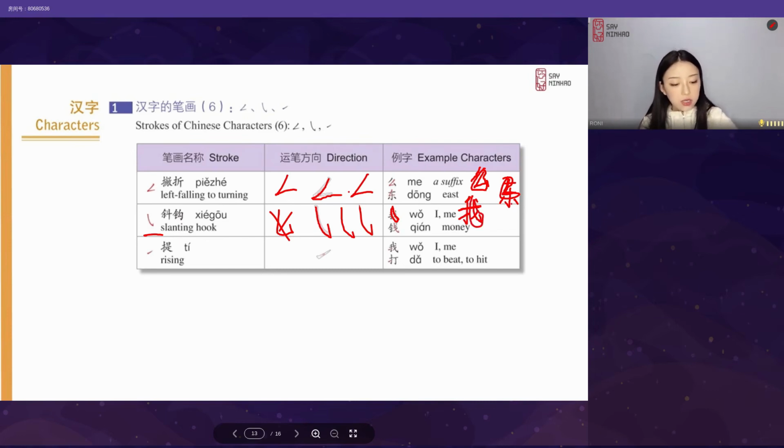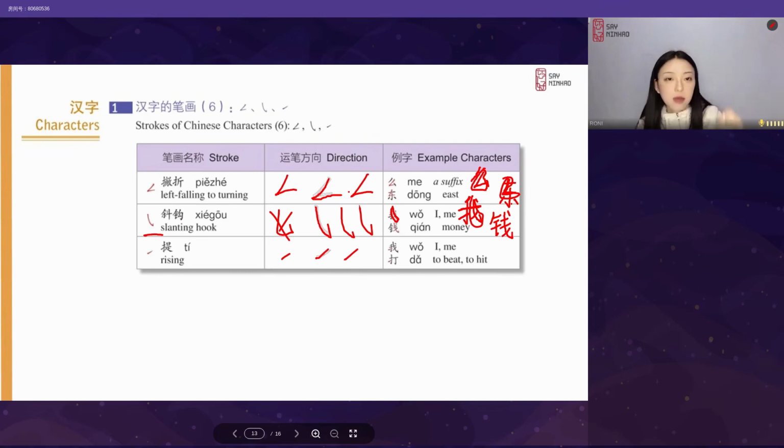This part is the slanting hook. Next is 钱, which means money. Left falling, many horizontals and let's see, slanting hook here. And left falling and a dot, slanting hook. Let's see, last stroke we are going to learn today is 提. It is written in this direction, okay?